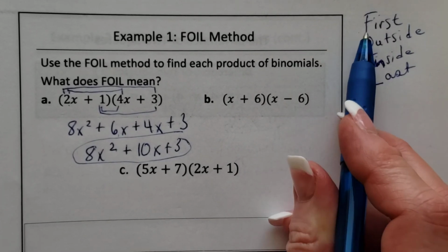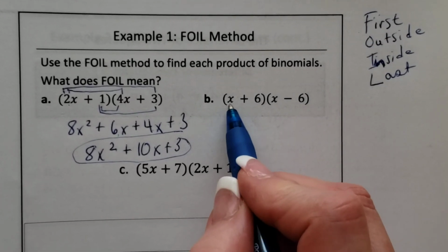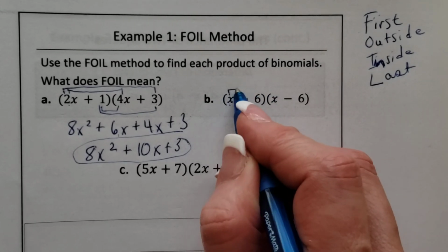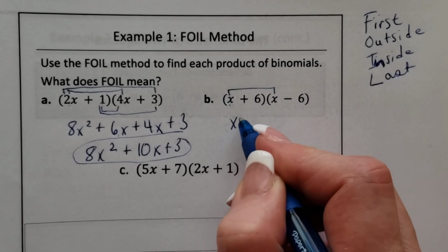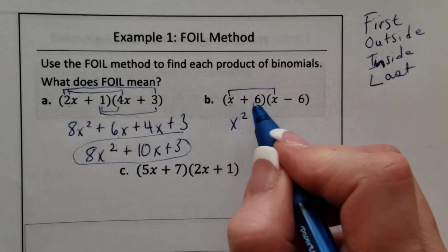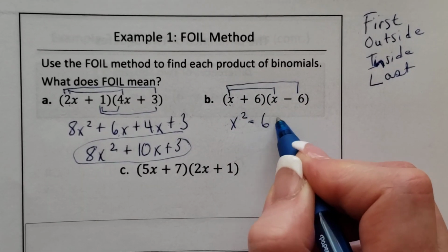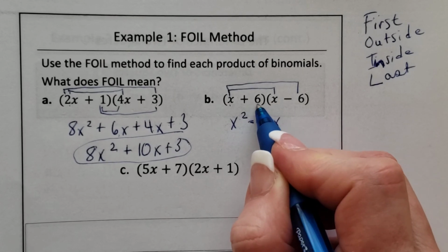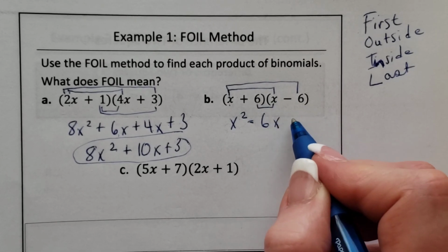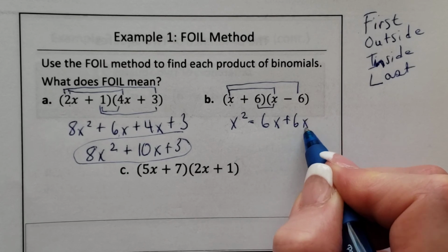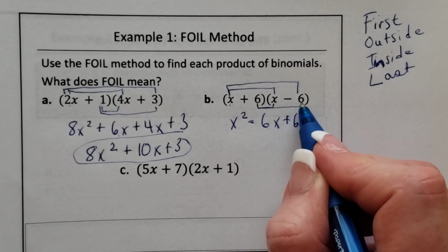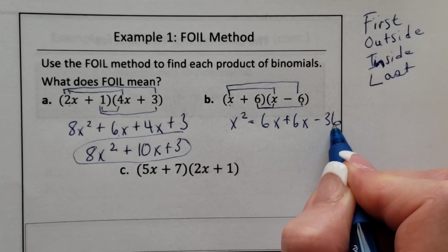All right, we're going to do it the same way. So the first two terms, x times x is x squared. Now the outside terms, x times negative 6 is negative 6x. The inside terms is 6 times x, which is positive 6x. And then 6 times negative 6 is negative 36.